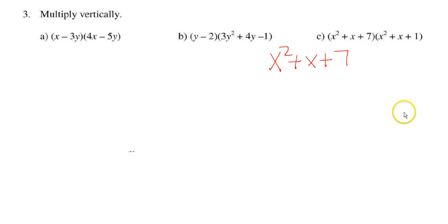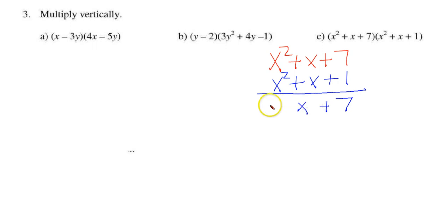And then on our bottom row, x squared plus x plus 1. Now the key to this is like term columns. So 1 times this is just this. 7 plus x and x to the second.